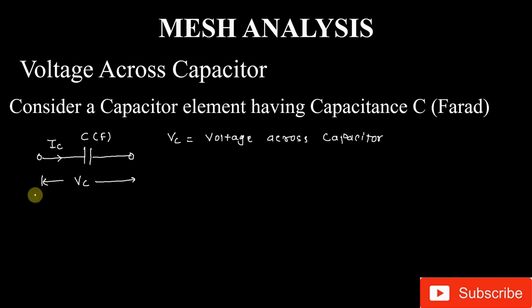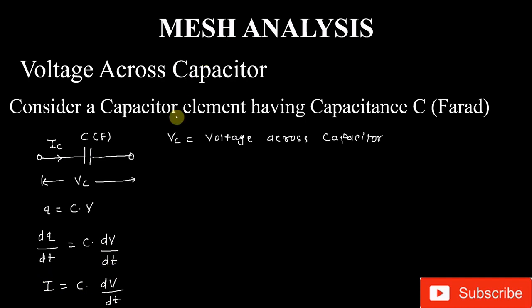So how do we get the values of VC? We have studied one formula, that Q is equal to C into V. Now if I differentiate this equation, dQ upon dt is equal to C dV upon dt, as C is a constant. And dQ by dt means rate of change of charge, and rate of change of charge is called current. So I is equal to C into dV upon dt.